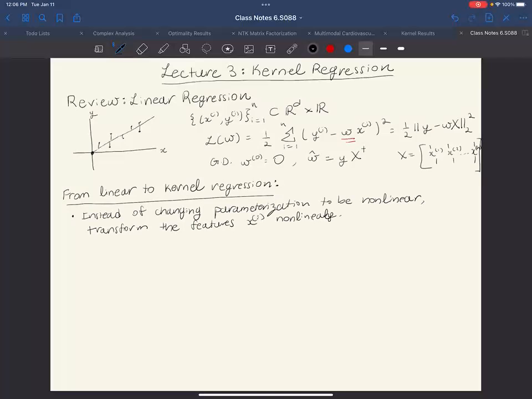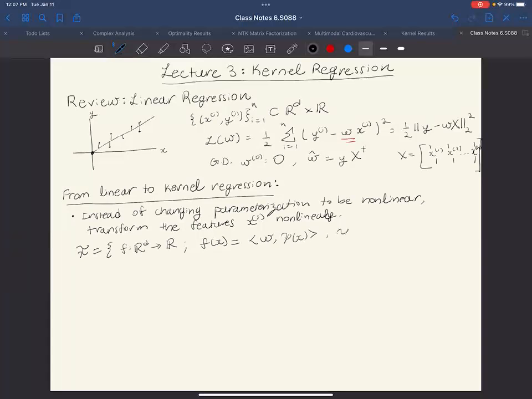In particular, we're going to consider now our class of functions. It's still going to be this class of functions from Rd to R. But what we're going to do now is say that f of x, instead of being w times x for some fixed w, we're going to consider it as the inner product of some w and psi of x, where psi is now the transformation.